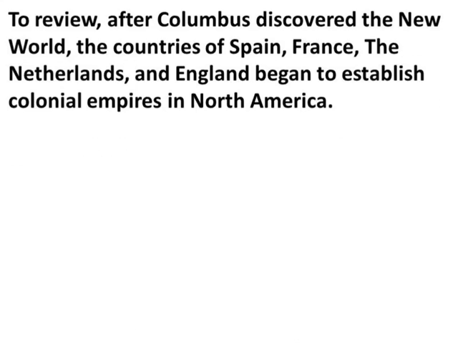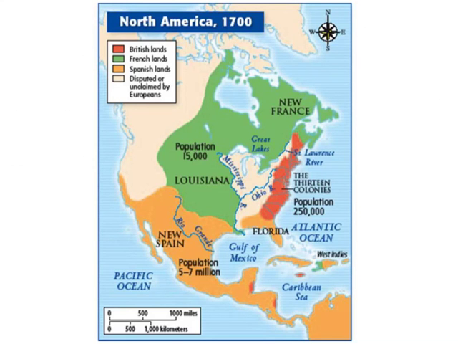To review, after Columbus discovered the New World, the countries of Spain, France, the Netherlands, and England began to establish colonial empires in North America. By 1700, there were three main colonial empires found in North America. You had France, which is represented up here in the green.